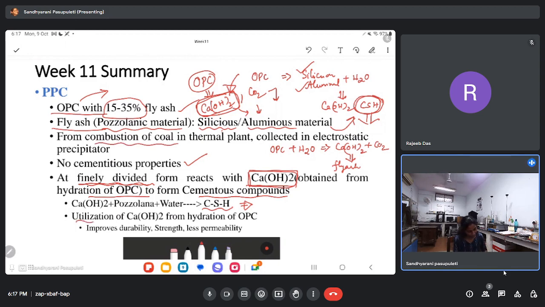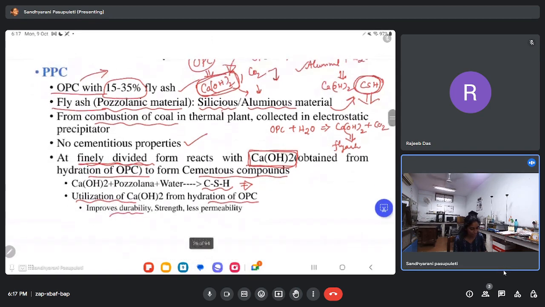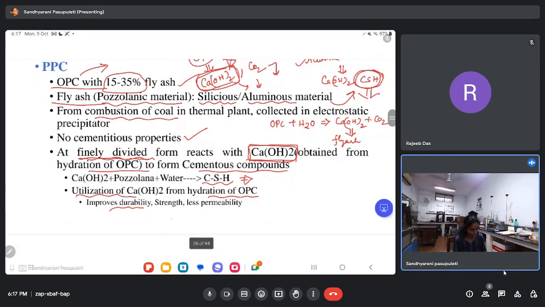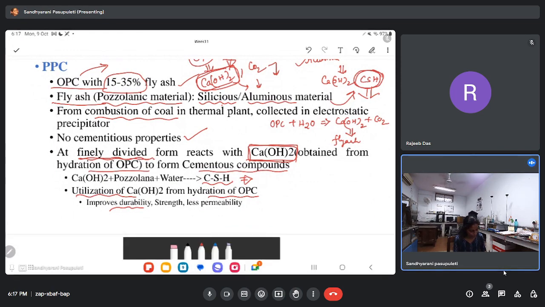So the main purpose here is utilization of calcium hydroxide from the hydration of OPC. What is the purpose of this? It improves the durability, because we are eliminating the sulfate attack, and also strength would be increased and the permeability would be reduced. How would the permeability be reduced? As we discussed in the last class, if we have calcium hydroxide, this calcium can be dissolved in water in future.